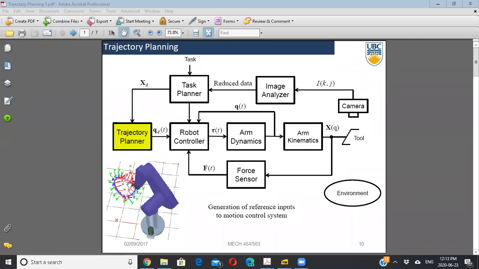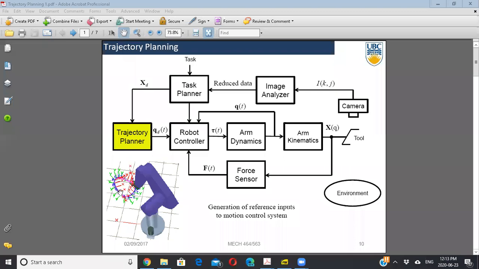So what kind of velocities and accelerations are possible to achieve and what are not? That's the problem of dynamics also. But we can also in trajectory tell you what should be the restrictions on velocities or accelerations. Or the trajectory planning also deals with whether a certain desired motion can be achieved or not.